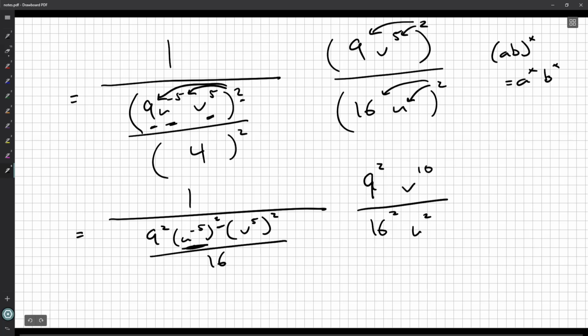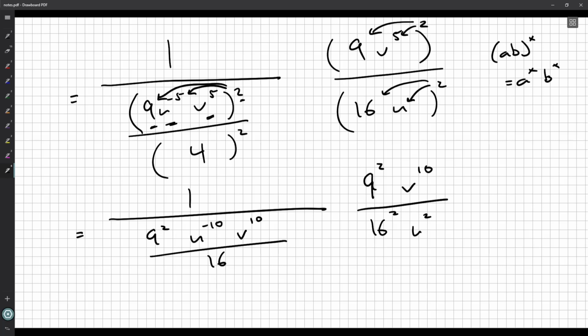And hey, we got another v to the 5 to the power of 2 here. So we can get another v to the 10. Negative 5 times 2, we're going to have u to the negative 10. We could rewrite it all out again, or as you're doing your own work, you can just change these things and cancel them out.